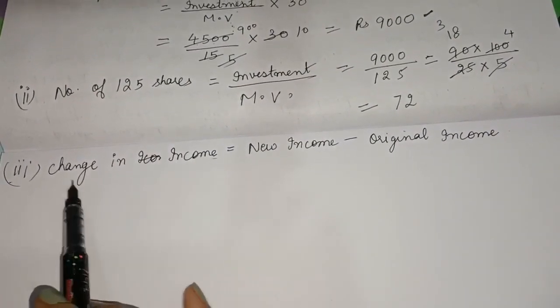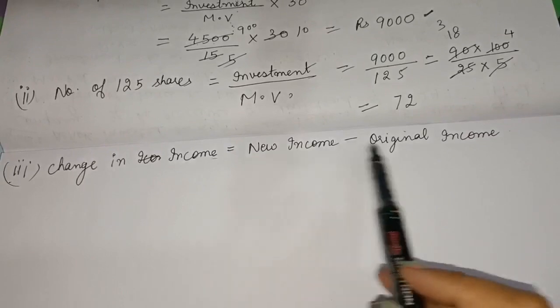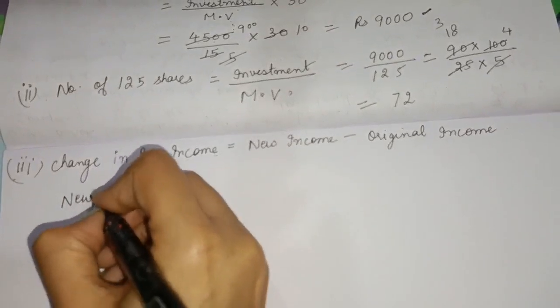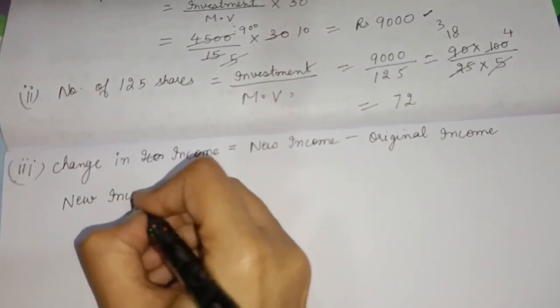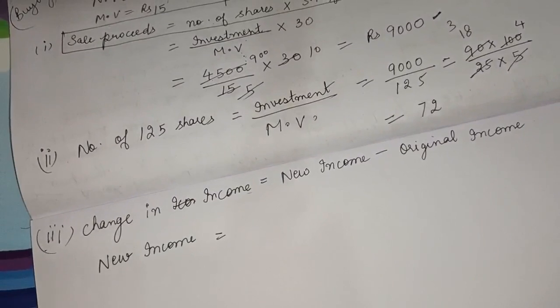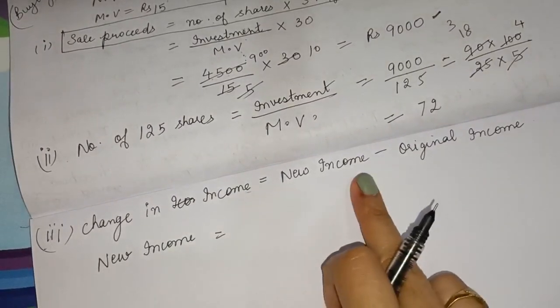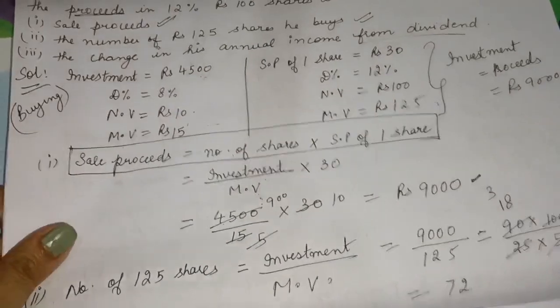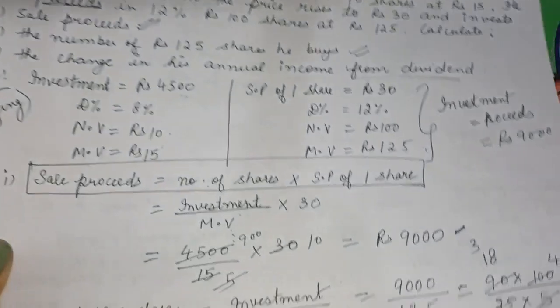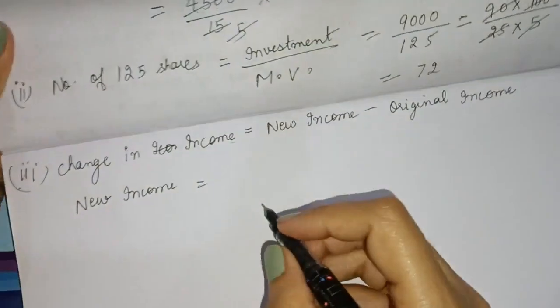So we have to find both the incomes first. New income first. Income means dividend only. Here we can see the dividend percentage is given as 12%.